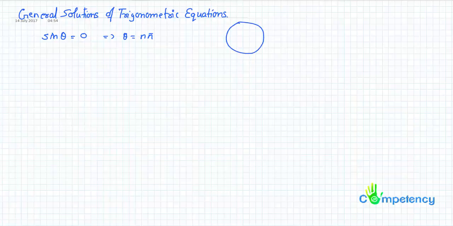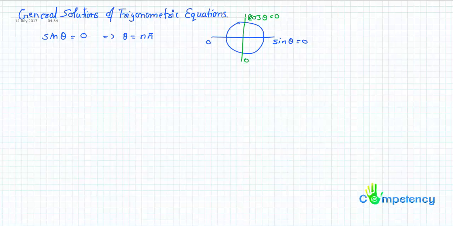We know that sine theta is 0 over here and here, and cos theta is 0 here and here. So at pi by 2, 3 pi by 2, 5 pi by 2, 7 pi by 2, cos theta is 0, while at theta equal to 0, pi, 2 pi, 3 pi, 4 pi, sine theta is 0.